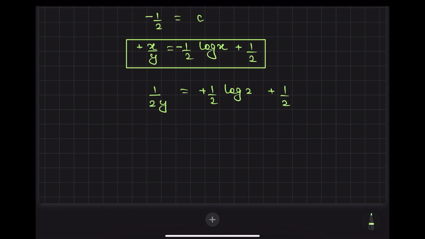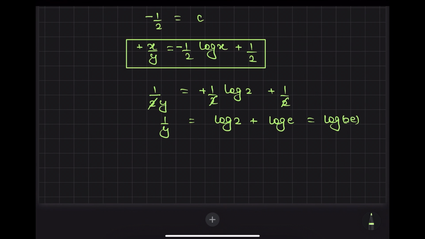So can I multiply both sides by 2? So I can write 1 by y is equal to log 2 plus 1. Okay, in place of 1 can I write log e? Log e base e is 1. So log m plus log n is log mn, giving log 2e.